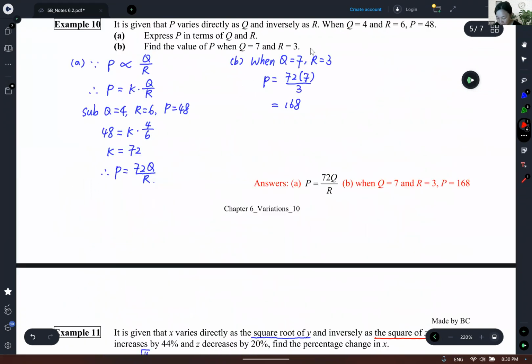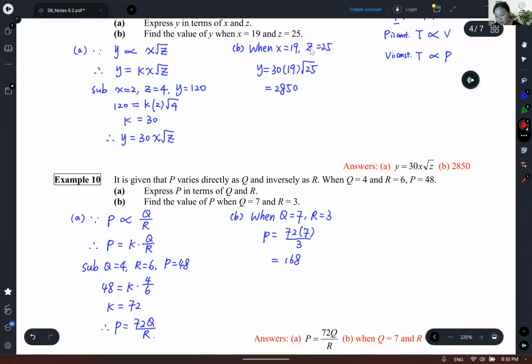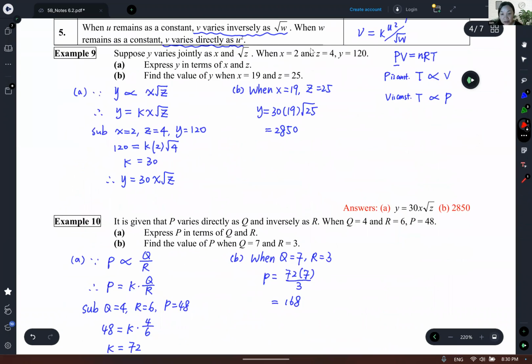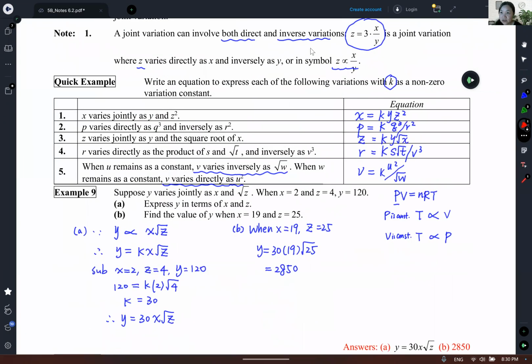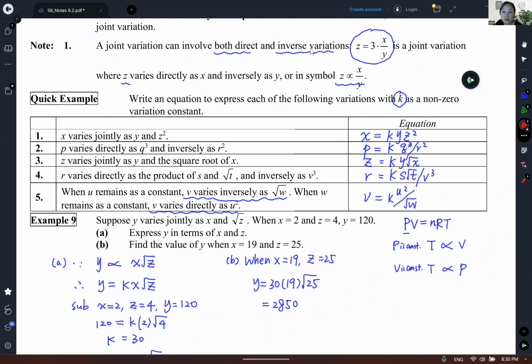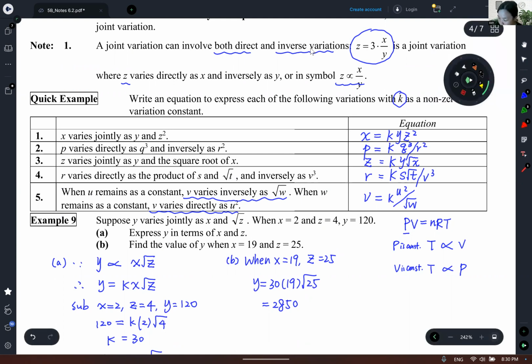On the previous page, page 10, you will see that in a quick example, there are 5 examples of describing a joint variation. And sometimes the word jointly is mentioned. You can see in example 1, jointly is mentioned.